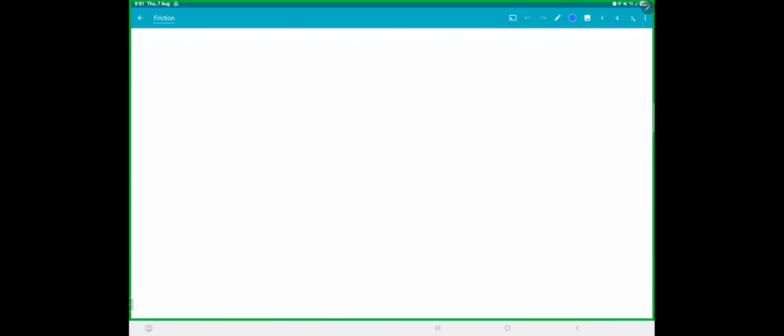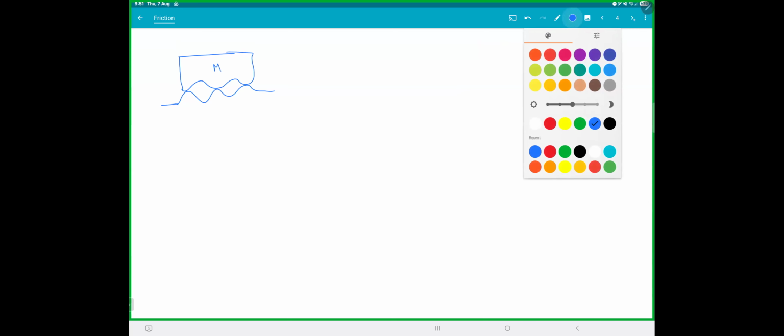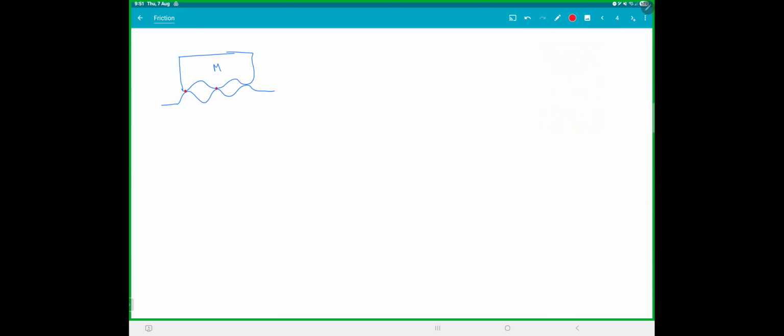Next thing. Let's say we have two blocks of the same mass. Let's say there's a surface like this. Now, if you look here, there is 1, 2, 3. So there are 3 bonds. We are keeping this on a smaller area.